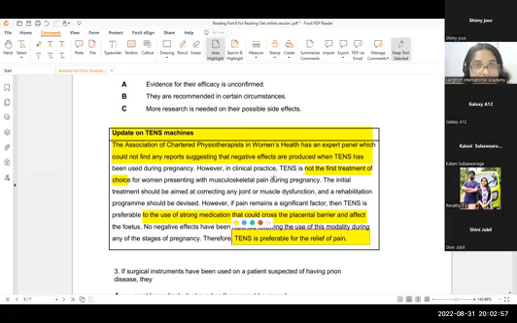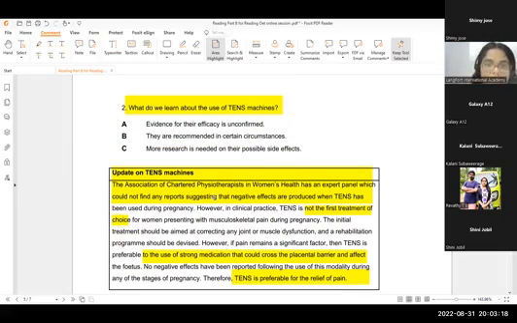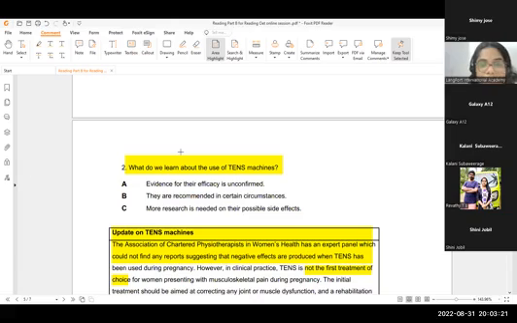Only after that, if the patient has a significant amount of pain, they will prefer TENS instead of medication that can affect the fetus. No negative effects of the modality have been reported. So that is why TENS is preferable for getting relief from pain. Okay, all right. Which brings us to the options.